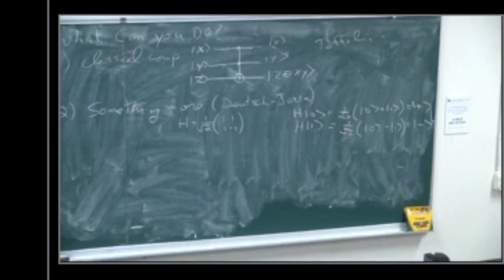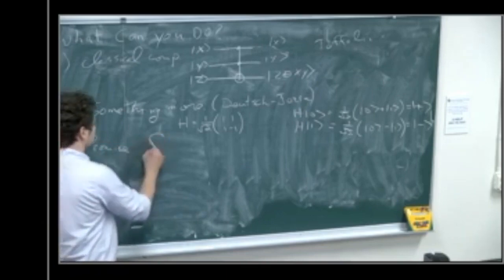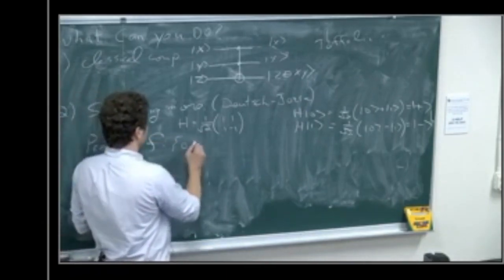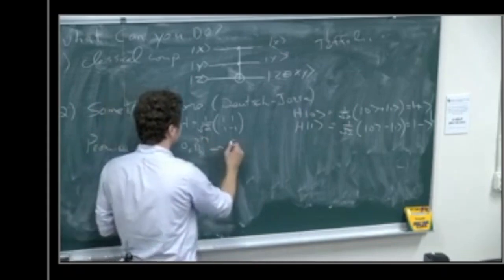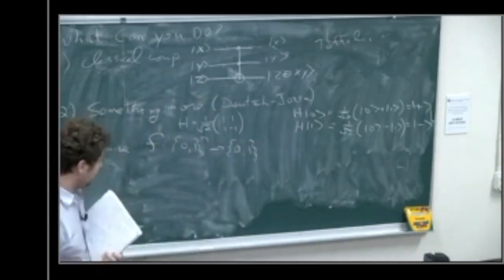Deutsch-Jozsa is going to use this Hadamard to solve the following problem. I promise that some function I have on n bits to a single bit is one of 2 things.